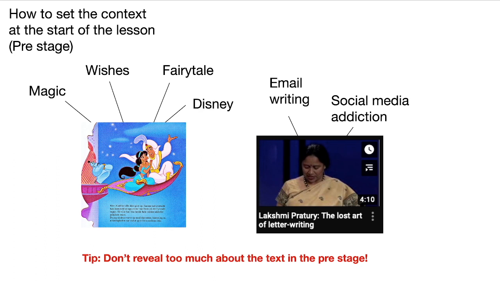Another context is social media addiction. Okay, so everybody now is just using social media and we're not writing letters anymore. So the idea here is that you start with one of these topics about email or social media, and then you get their interest in this kind of broad topic, and then you introduce the text.